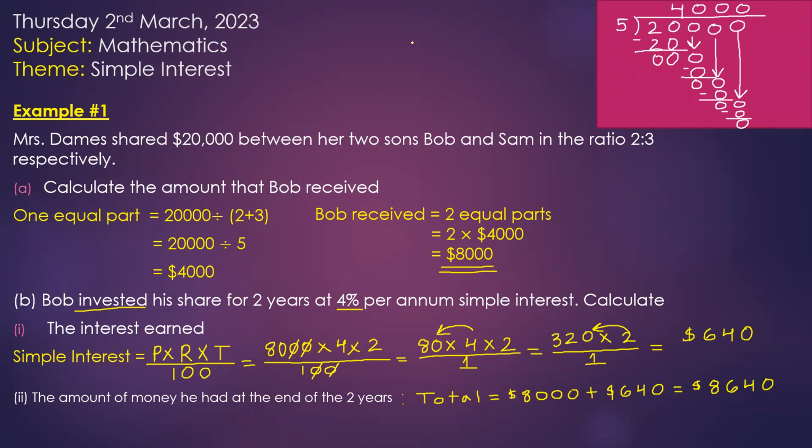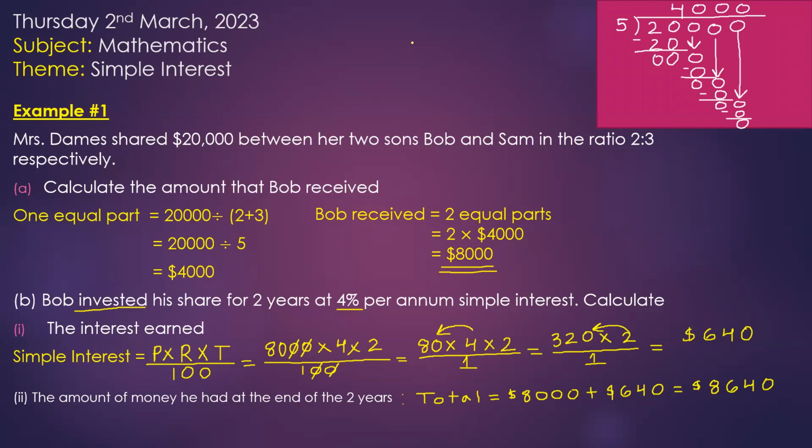First we can cancel out the zeros, which leaves 80 times 4 times 2 over 1. First we times 80 by 4, which gives us 320. Now we're gonna times 320 by 2, which gives us 640 over 1. Any number over 1 is itself, so we're left with 640.